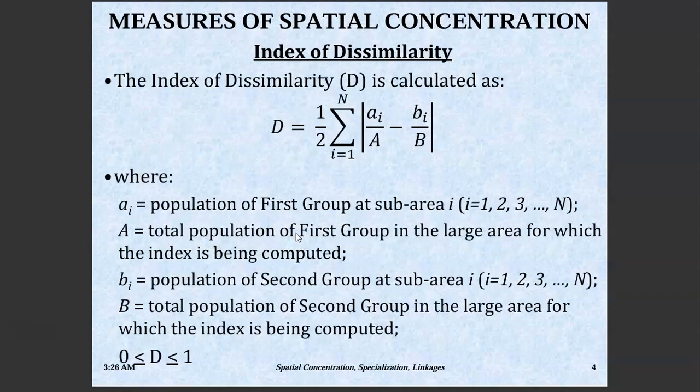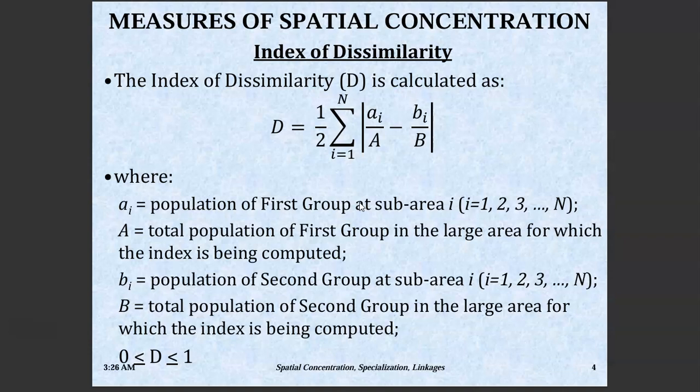The formula to calculate that is what we can clearly see here. As usual, this symbol is summation, and we are summing from 1 to capital N, whereby our capital N will be the total population or the entire population. The small a_i is the population of the first group in sub-area i.